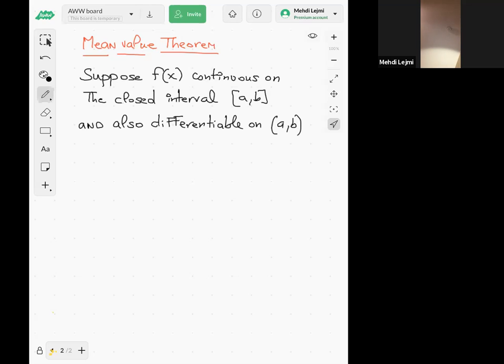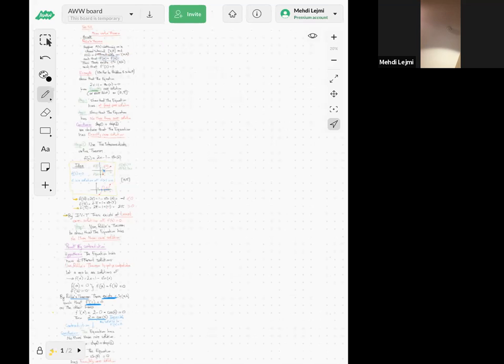Then the theorem says the following. So the conclusion is the following. You see here the difference between the mean value theorem and Rolle's theorem. In Rolle's theorem, let me see here.